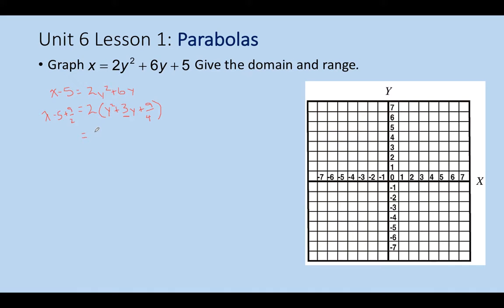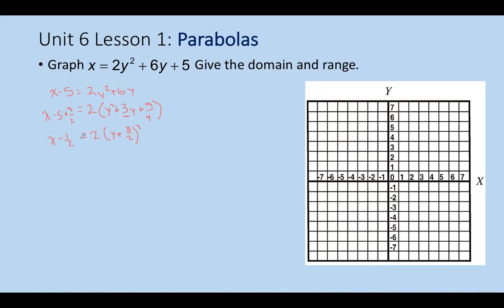On the right-hand side, now I have a perfect square trinomial. It looks a little awkward, but remember, it's just going to be half of this, or the square root of this, and so I've got y plus 3 halves, half of 3, squared. And then on the left-hand side, I've got negative 5 plus 4.5. That would wind up being minus 1/2, so x minus 1/2.